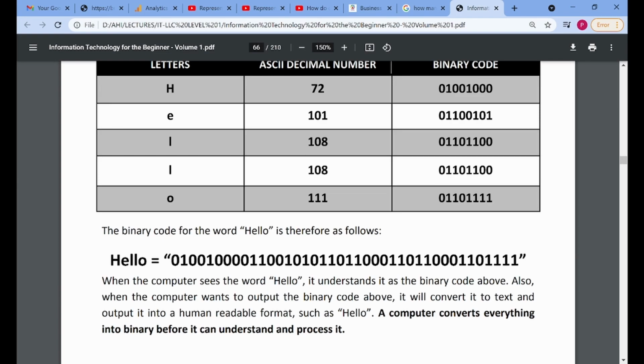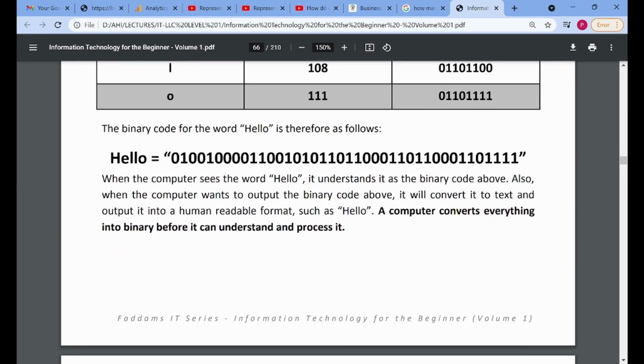We learned that sometimes important or secret messages can be written in binary codes, and only those who can decode will be able to decode and understand what it says.